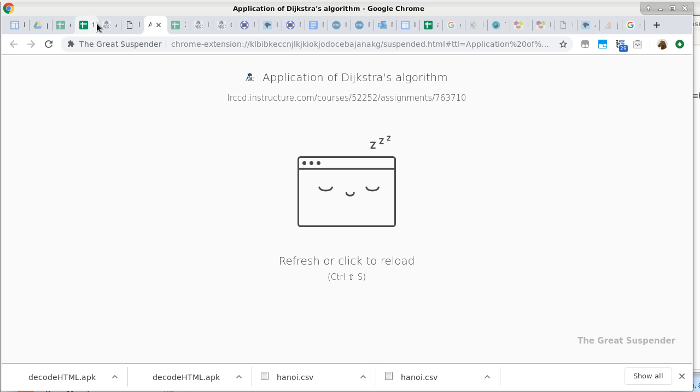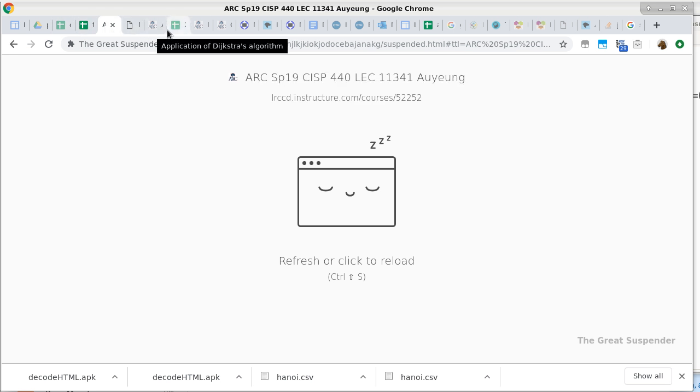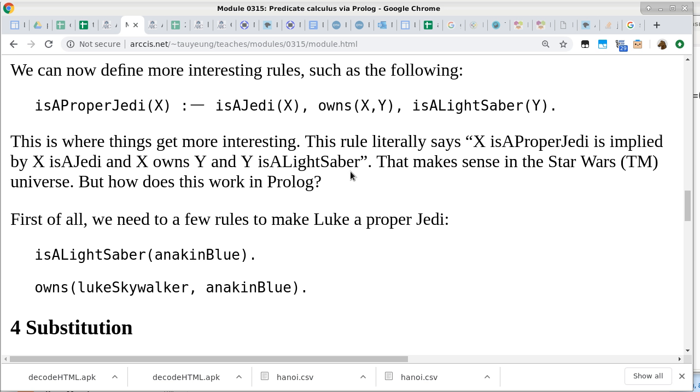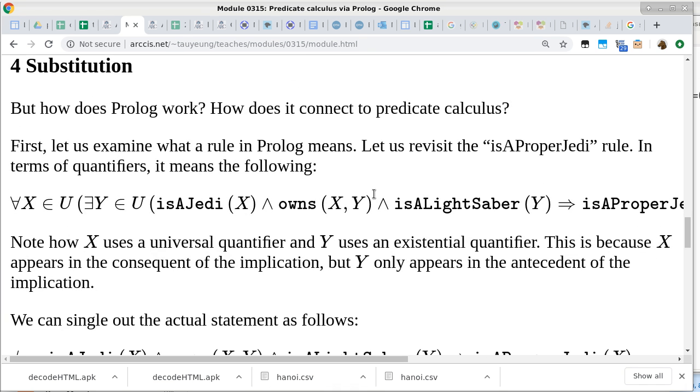And let's see, where were we? There we go. All right, so section 4 is kind of like a segue into a discussion of substitution, and basically how it works, okay? Internal to the Prolog engine, how does it find all of these answers?